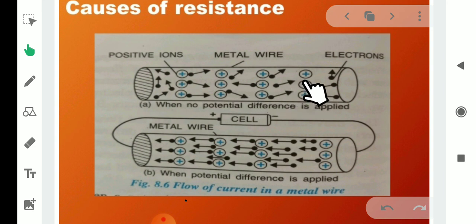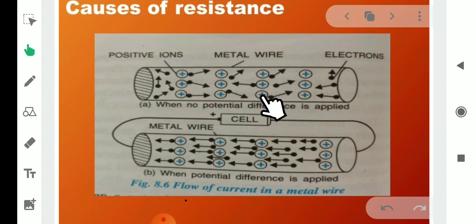In this metal wire there is no current flow because no potential difference is applied. The large number of free electrons move freely, and during their random motion they collide with each other and also with the fixed positive ions.